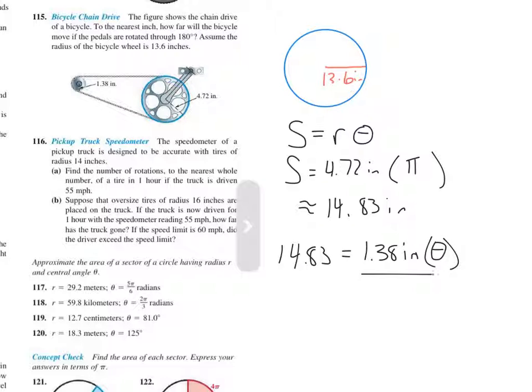So we'll divide by 1.38. That back gear is turning 10.75 radians.